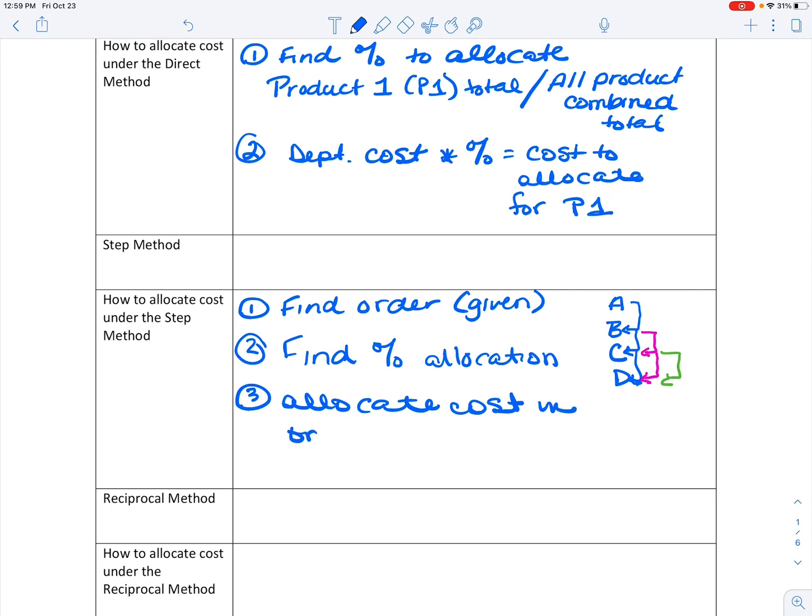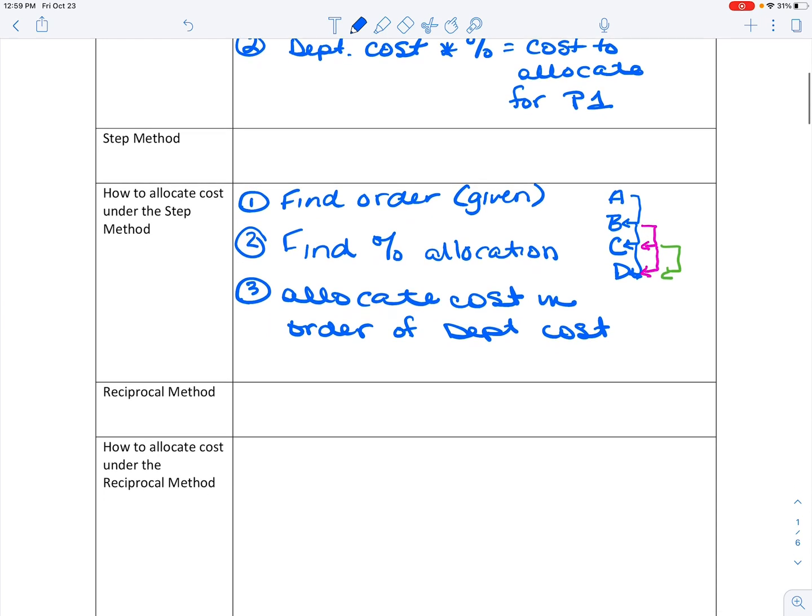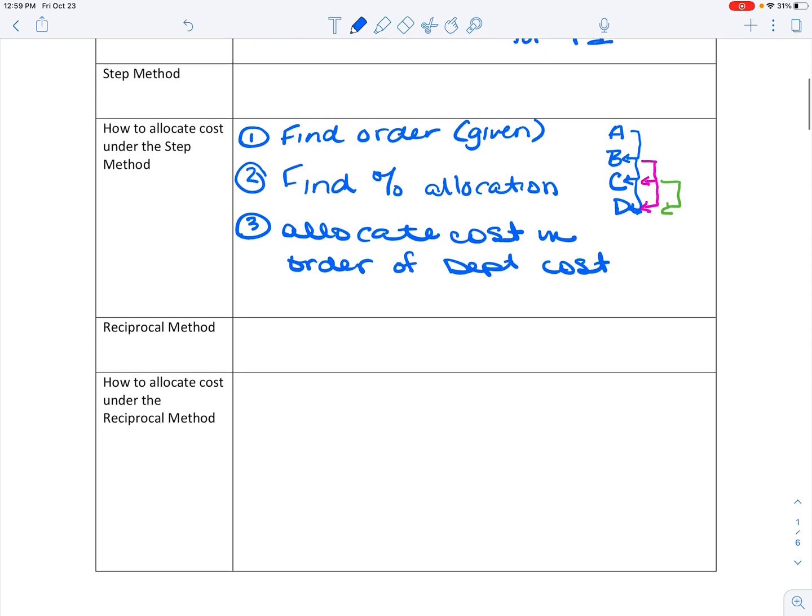And this is done in order of department costs. Once again, we'll show you an example of how to do that. That one is a little bit easier to follow with numbers.